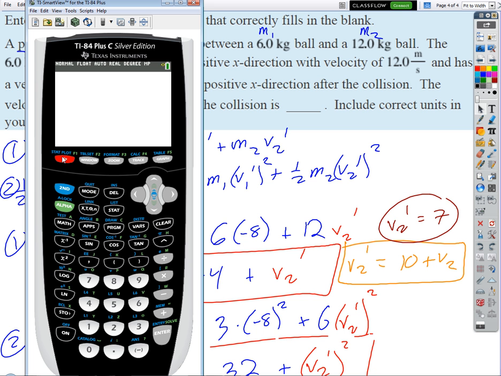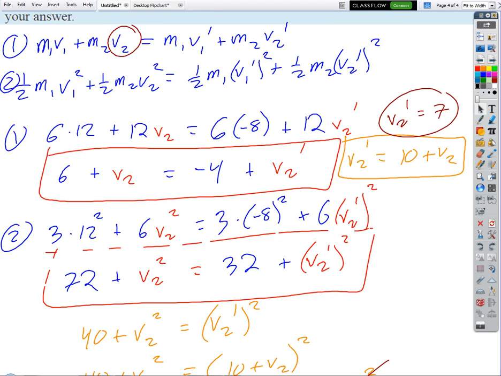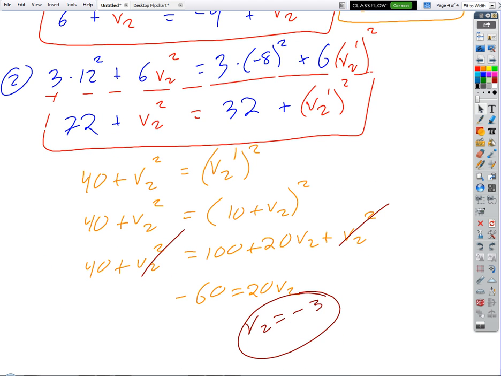Okay, so we could go up to y equals, and we could graph all of the functions. So they have to be functions, that's the problem. Because if we look at these two, when I simplify this one, here's my other equation.